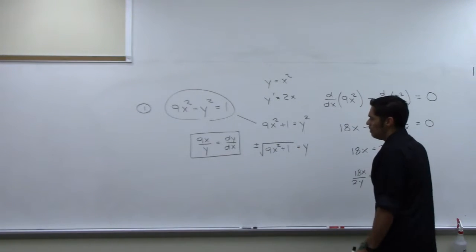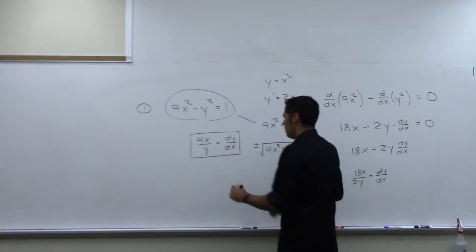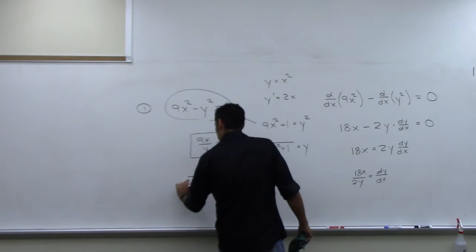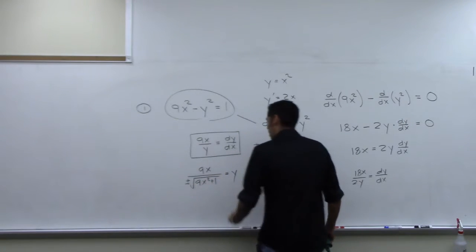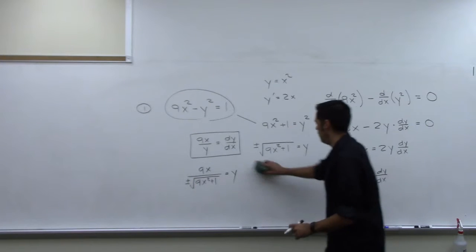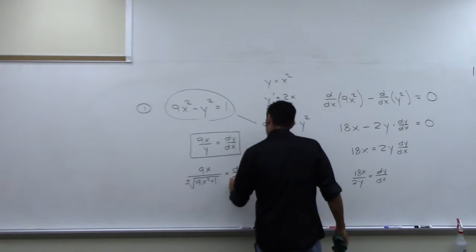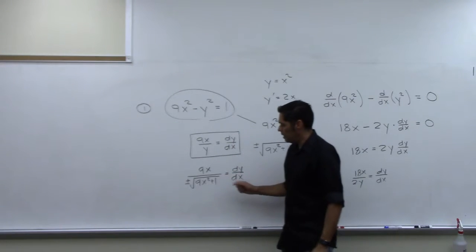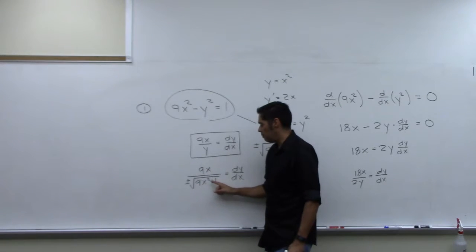And now when I look at this derivative, I can replace this y with this. But notice we're going to get two different answers because we have a plus or minus. Sorry, this is dy/dx. It's telling us that the slope of our tangent line at any given point is going to be 9x over plus or minus the square root of 9x squared plus 1.